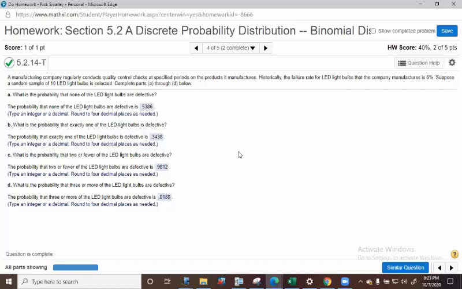I missed how you used it. So I have to make sure that I keep up with the numbers in my calculator. Is that right? Yeah. If it's 4 or fewer, then you would just use the CDF for the number 4. Oh, okay. Yeah, because it'll take it and add it up.